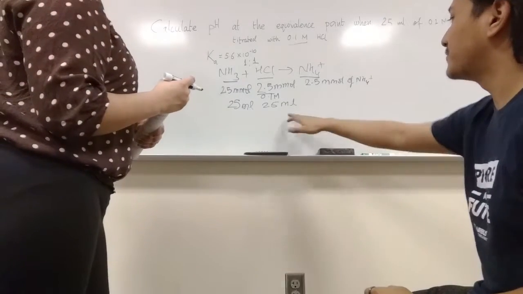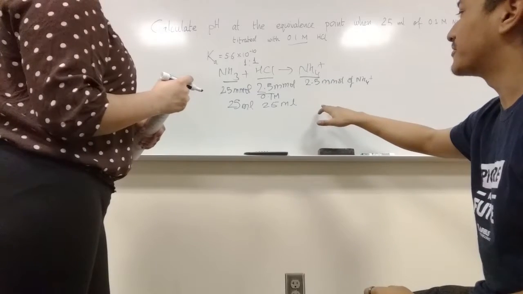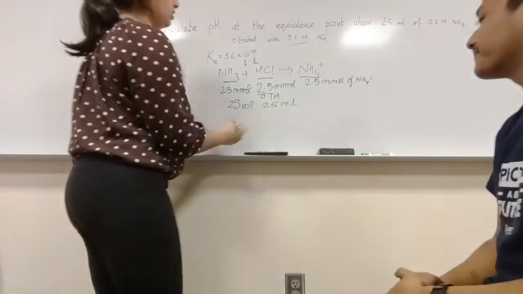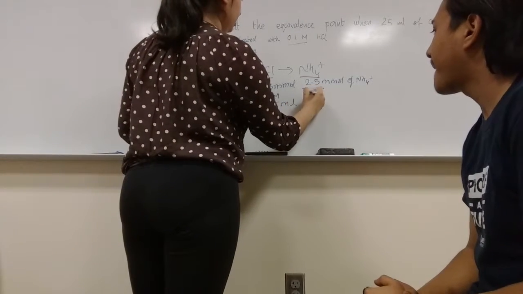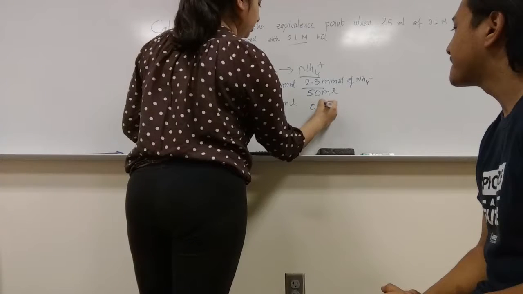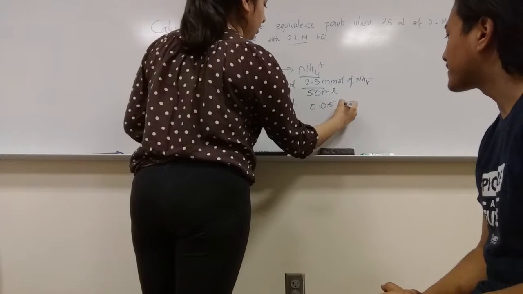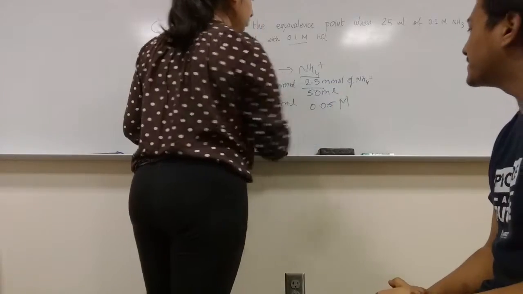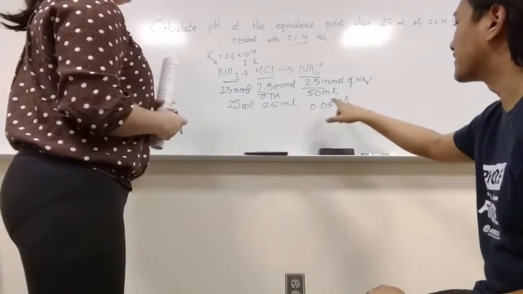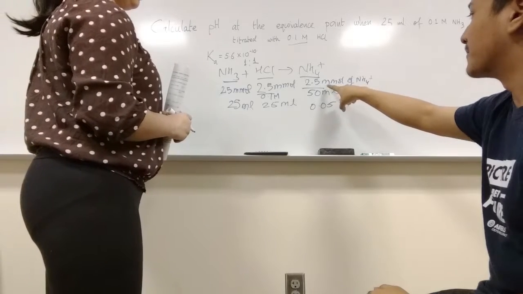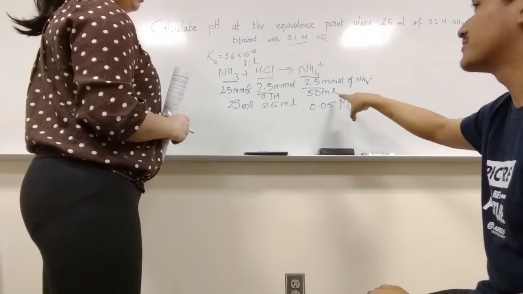And yes, that would mean that NH4 would have a total volume of 50 mLs. So my concentration would be divided by 50, and that would be 0.05 molar. That's because you're using millimoles by mLs.